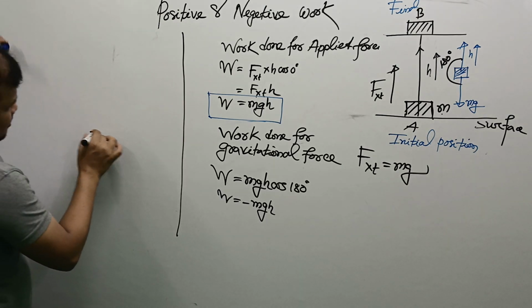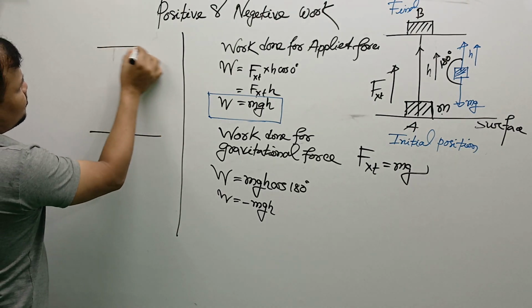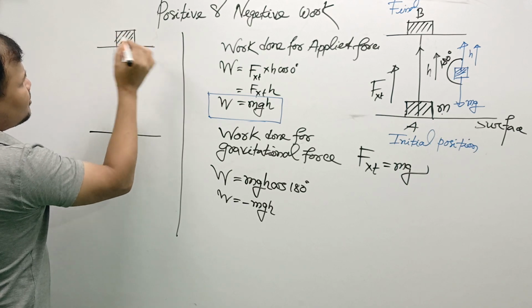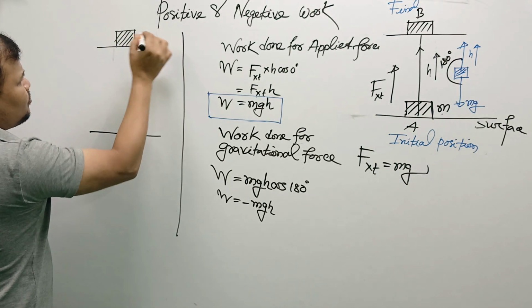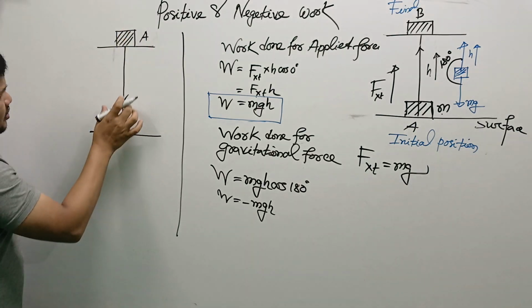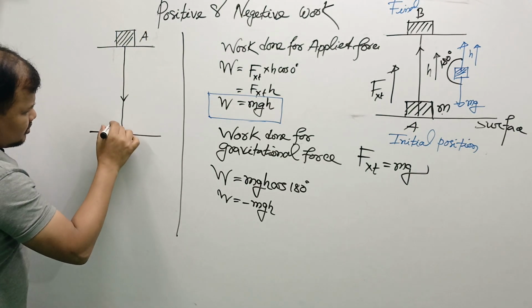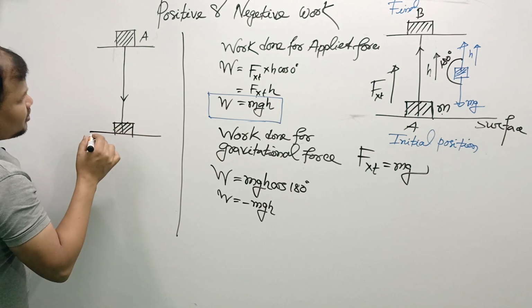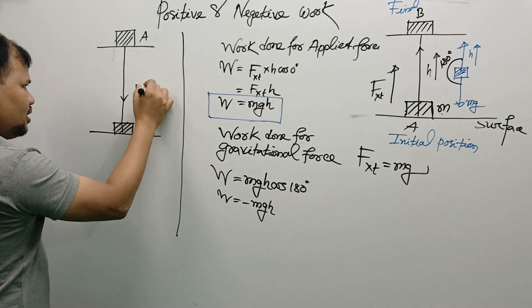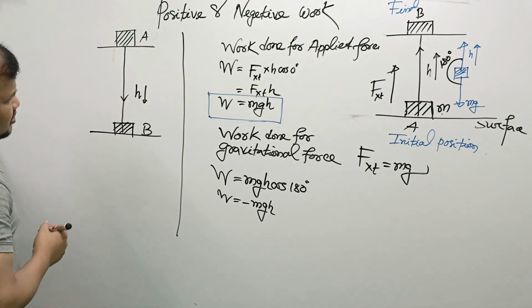Suppose this is the surface and this is the object. This is now point A, and when we take this object from A to B, the direction of the displacement will be downward. h means displacement.